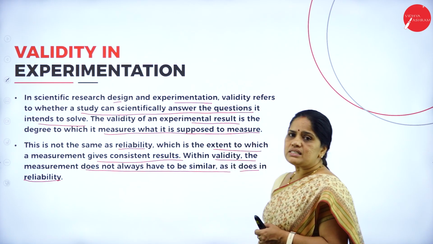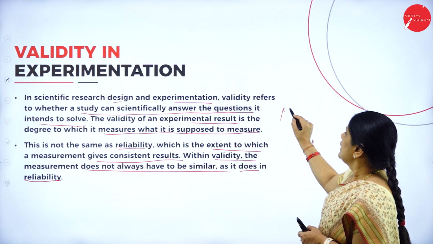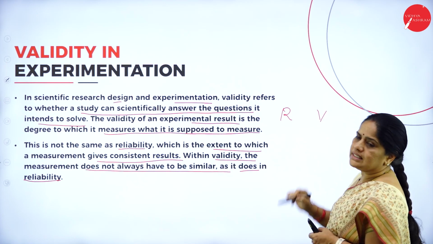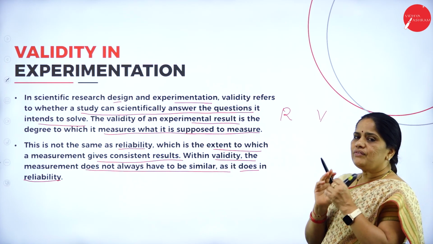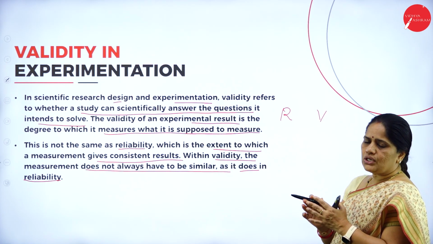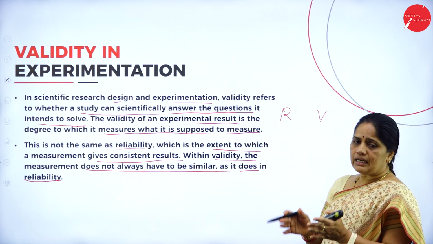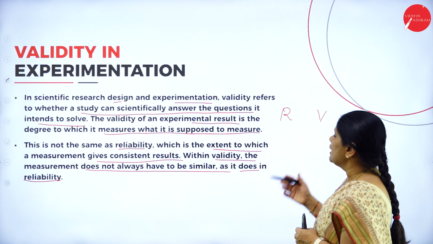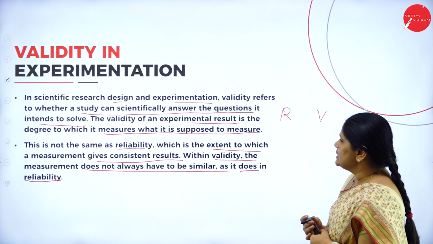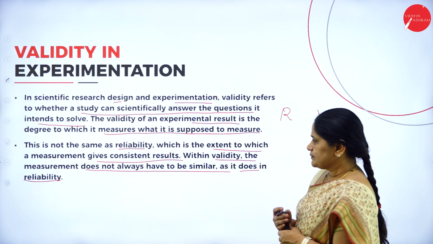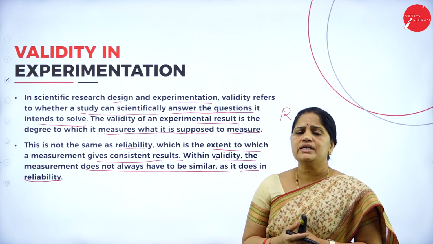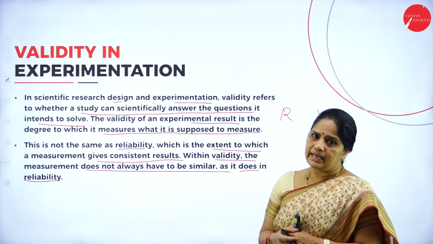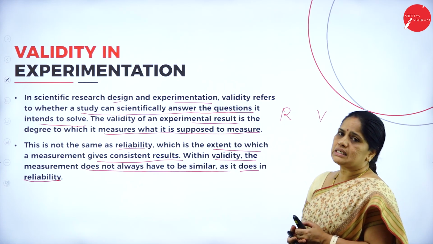So, we should understand the difference between reliability and validity. Reliability means we can rely on the same solution always in any similar situation, whereas with validity the measurement need not always be the same, but it can always be a valid solution.